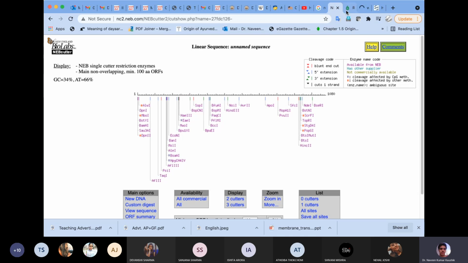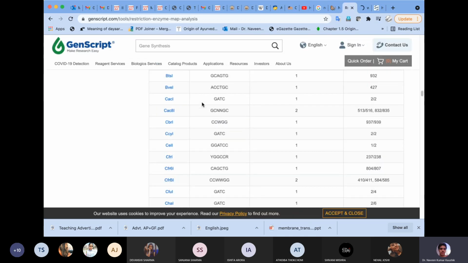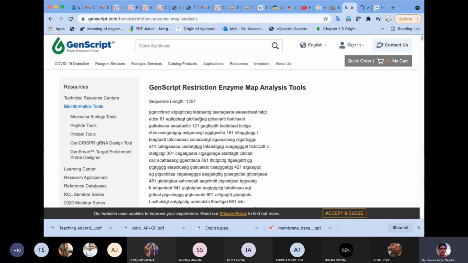So NEBcutter, GenScript, these are the tools that you can utilize for checking which restriction site is going to be there in your gene, and where it is going to produce a cut.